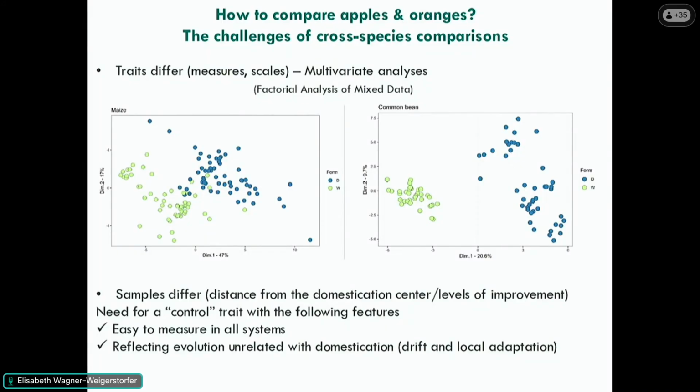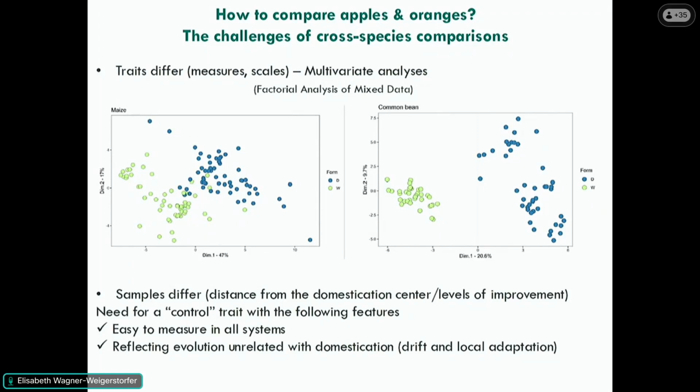Now we ran into a second problem, which is that the samples really differ from one species to another. So for example, in one species, we may have samples, landraces, that are further away from the domestication center, so maybe more drift between the wild and the domestic compartments, or maybe the traditional landraces went through a greater level of improvement.